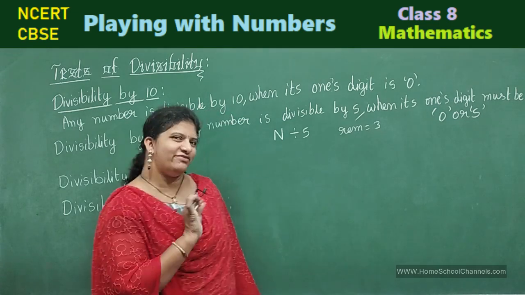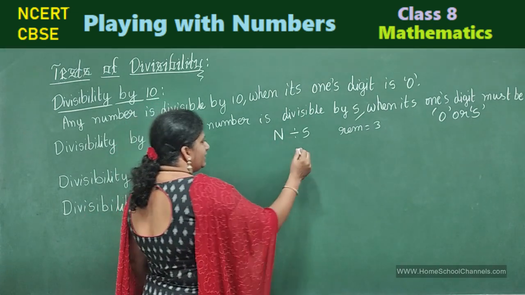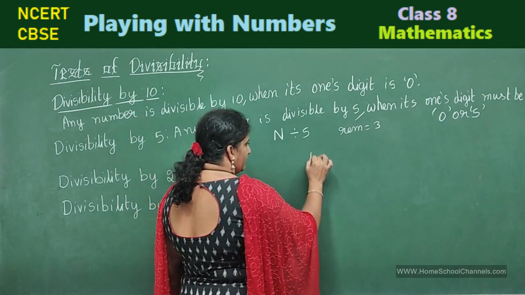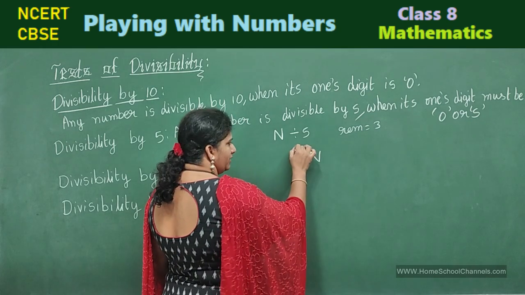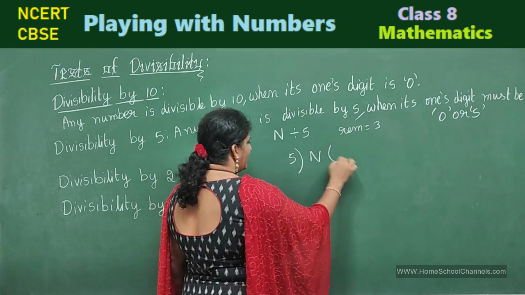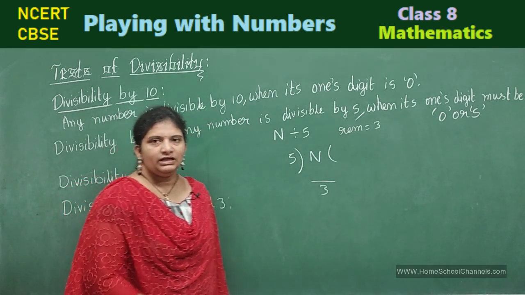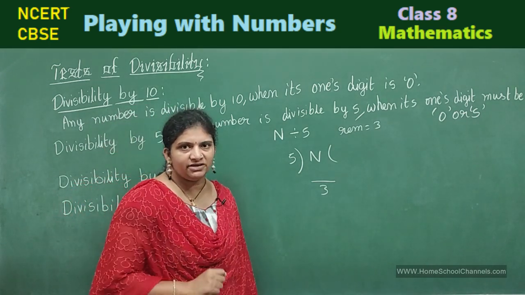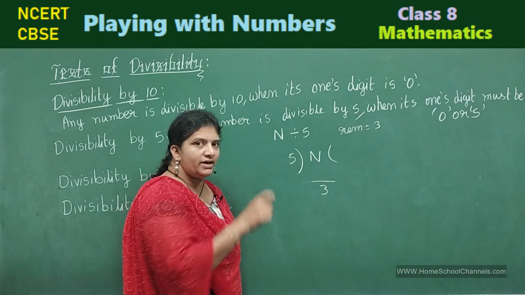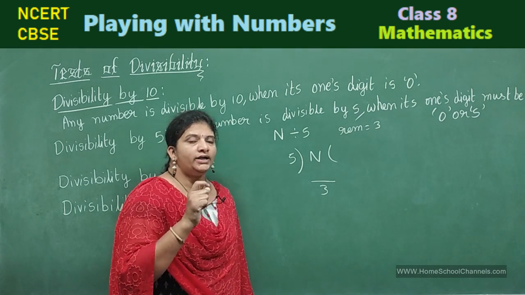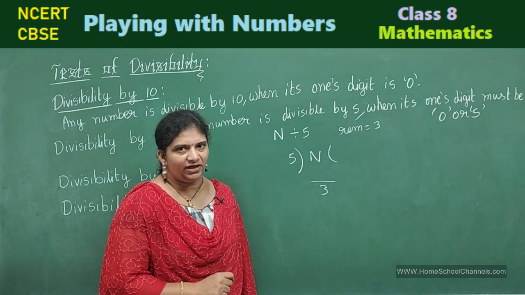Okay, let us solve and find out. Understand this concept here. n might be any number. If it is divided by 5, it gets a remainder 3. First thing you need to observe here, the number is not exactly divisible by 5.